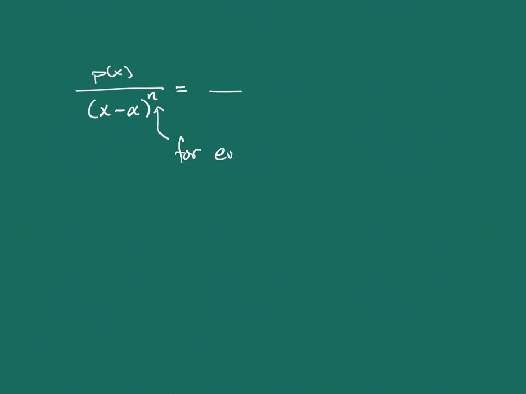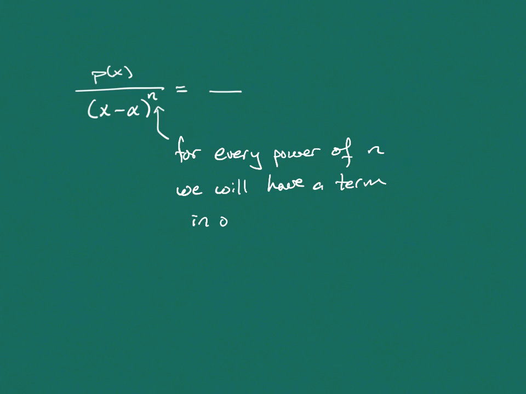And those will be our increasing powers of that factor. So we'll have a factor of x minus alpha, a factor of x minus alpha squared, all the way up to x minus alpha to the n. Those are the denominators in our partial fraction decomposition.